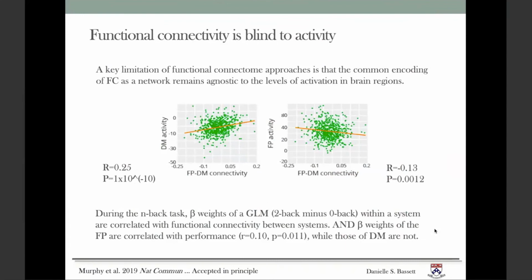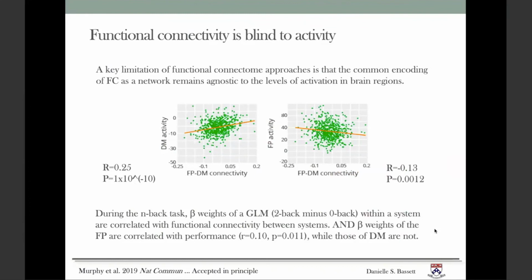And so while we often have intuitions about a task and about cognitive processes from activation studies using general linear models, for example, we often don't necessarily know how to translate those intuitions to patterns of functional connectivity or vice versa. And so I think there is a big open space where we need to start linking together how to understand changes in patterns of activation and changes in functional connectivity.